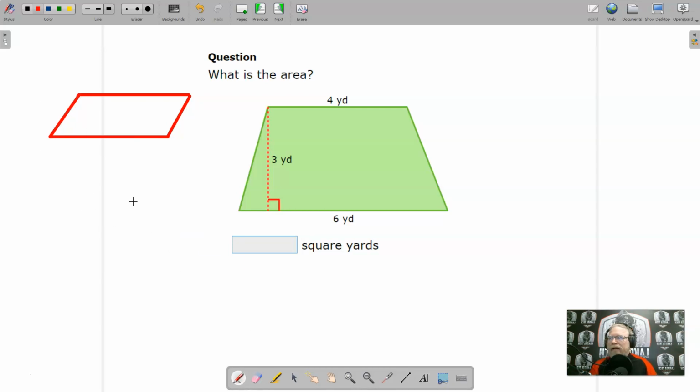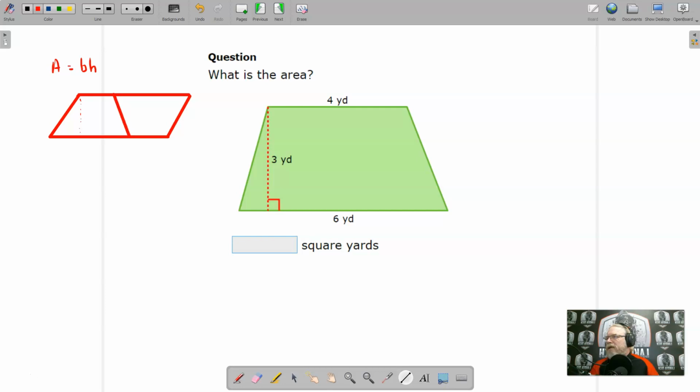So if I had a parallelogram, and I would have my height right here, the area would be equal to base times height. Now I'm going to do something here. I'm going to grab another line, and I'm going to do my very best to eyeball this and get it right about there.